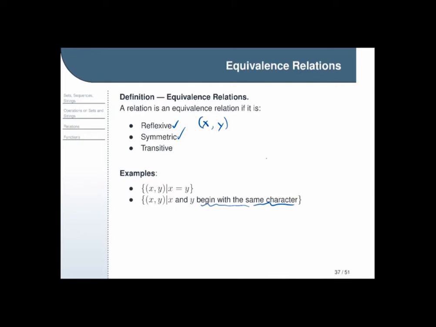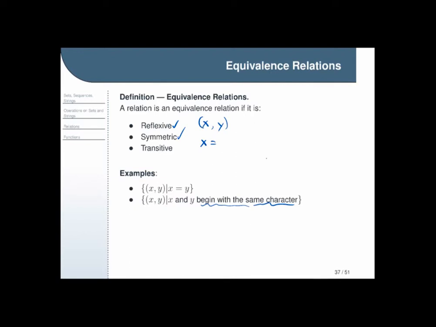But here, to write that these things begin with the same character, one way I can do that is I say x, assuming for now that x has a character in it. In other words, it has a length of at least 1. We'll deal with the other case in a minute where maybe it doesn't have a character in it at all. But for right now, let's assume it has a length of at least 1.